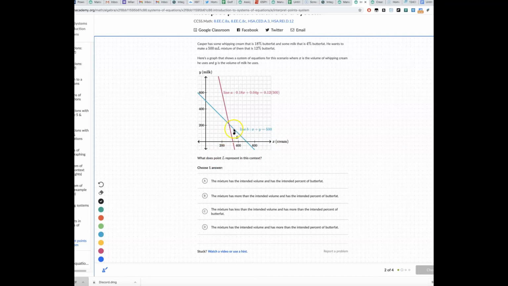So this spot here is below this x plus y line, and it's above this percentage line. So this point means there's too much cream, I think, and not enough milk. Too much cream, butterfat.